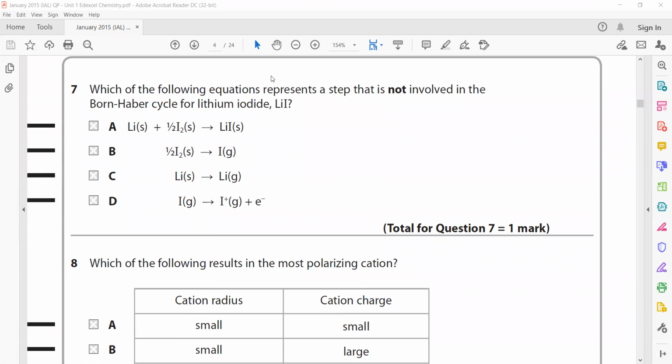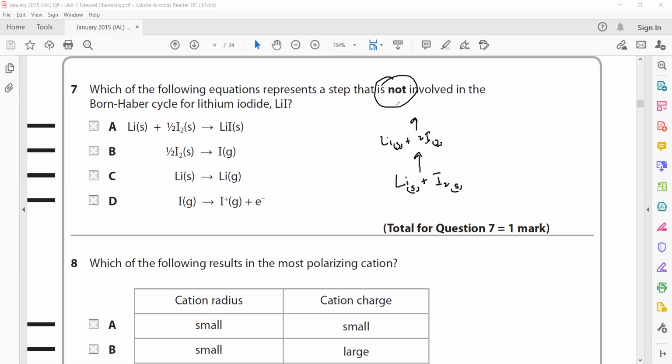Which of the following equations represents a step that is not involved in the formation of lithium iodide? Because what happened, first we have lithium in a solid state, and we have iodine molecule in a solid state as well. First we atomize lithium and we atomize iodine.